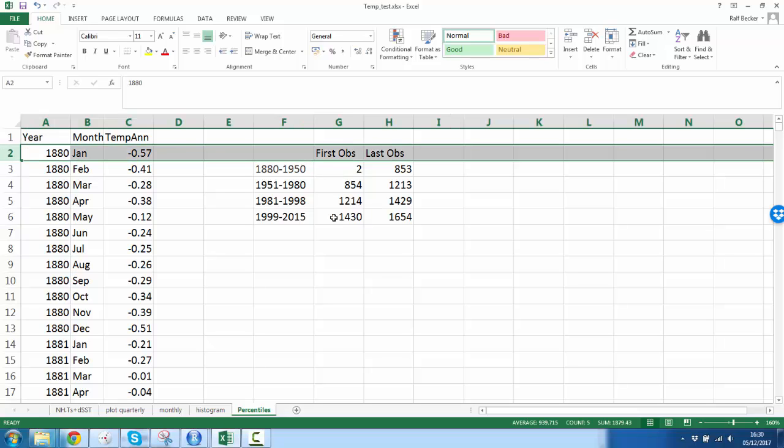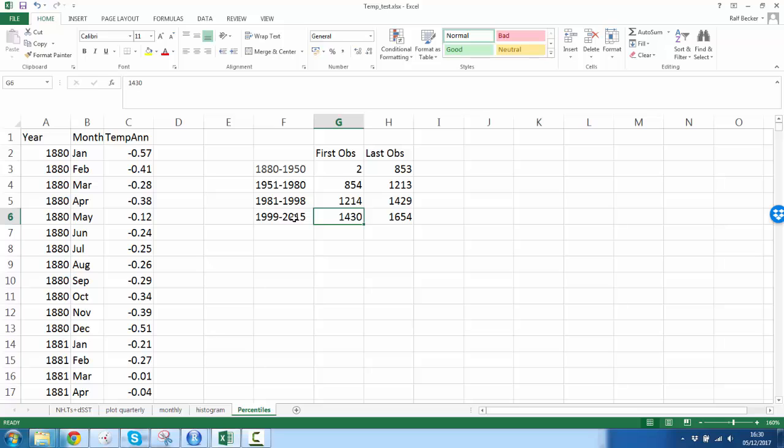Here, we already know the last observation is in 1654, and what you see in this table is just the first and the last observation in each of these periods, and that's great information to have for what's coming. Sometimes a little bit of prep of that sort is very valuable, so we don't have to keep scrolling down the spreadsheet.